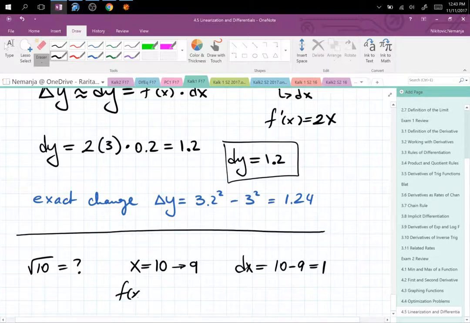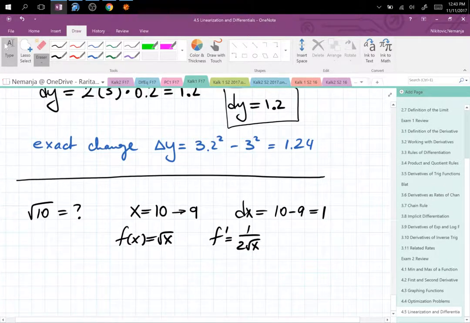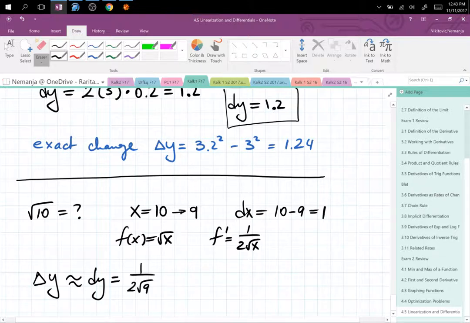You know that your function is root x, and your derivative is 1 over 2 root x. So the change in y is approximated by dy, and dy is the derivative computed at the number we can do, which is root 9, times dx, which is 1.